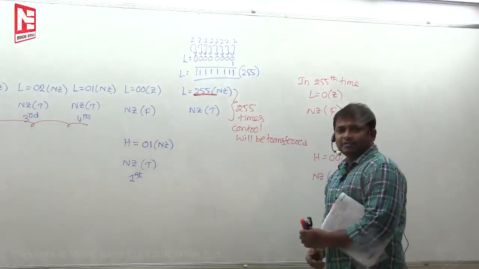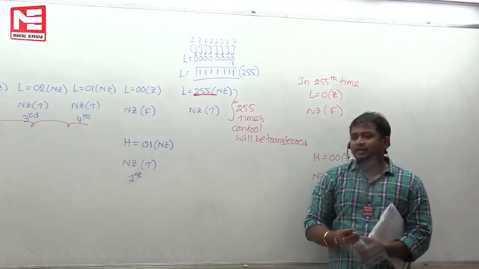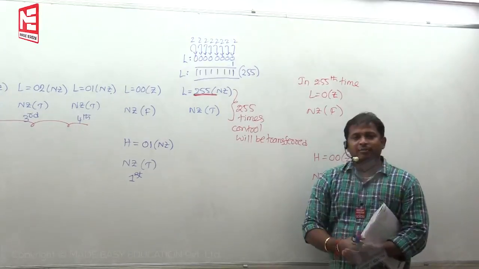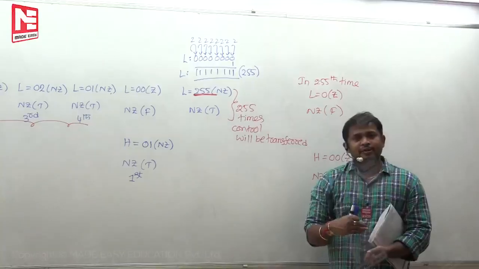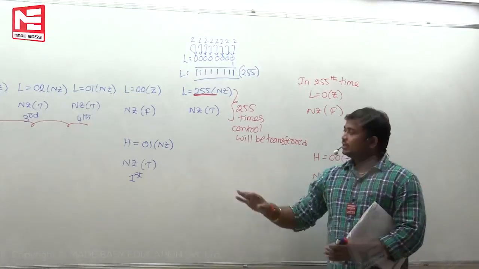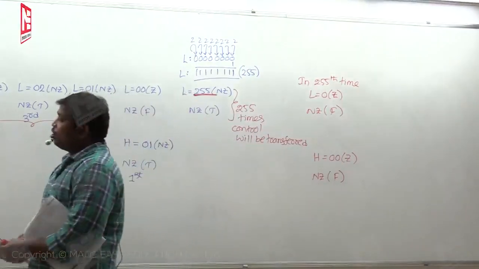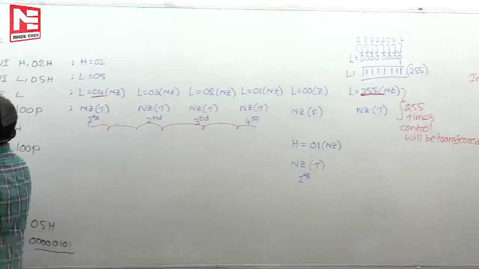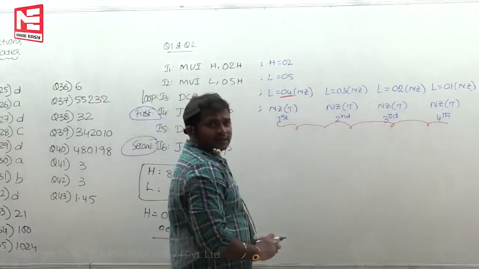The decrement instruction invokes the subtraction operation, meaning constant 1 is subtracted from the register or memory content. When the register reaches the minimum limit, the value will roll back to the upper limit. That is the concept. Then what is the question here? How many times does the first JNZ and how many times does the second JNZ transfer the control?